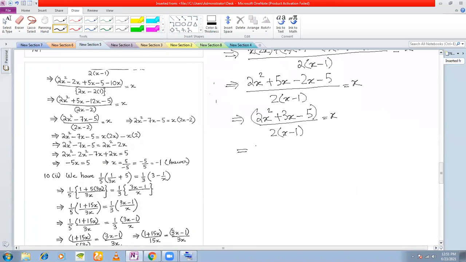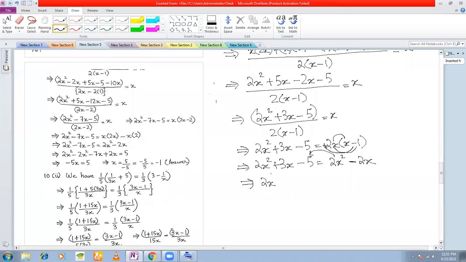Now you cross multiply. So you get 2x² + 3x − 5 is equal to 2 into (x − 1). That means you get 2x² + 3x − 5 is equal to, now 2x into x will give you 2x². And this plus sign here will combine with this minus sign to give you a minus sign, 2x into 1, which is 2x. Now you take everything on this side.